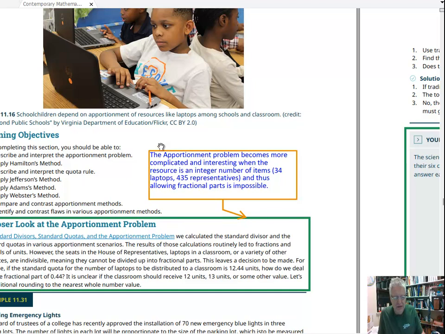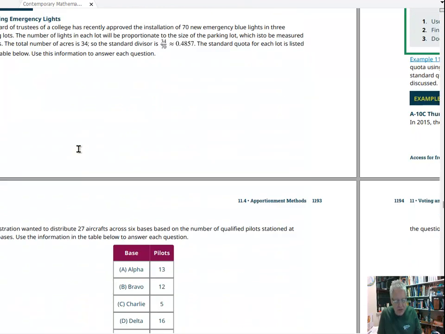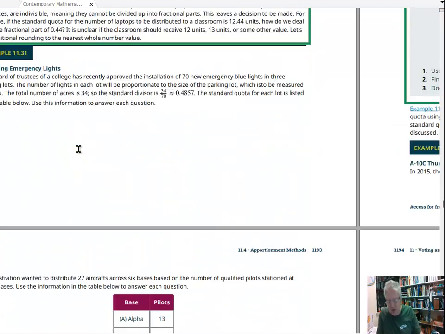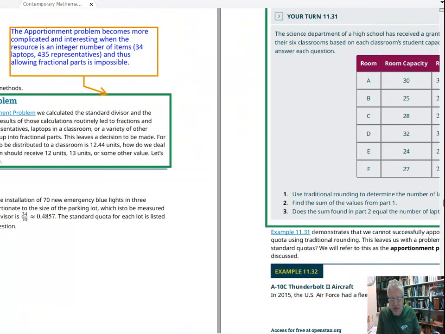Again, the apportionment problem becomes more complicated and interesting when the resource is an integer number, such as 34 laptops across a certain number of classrooms in a school, or 435 representatives in the House of Representatives, and thus allowing fractional parts is impossible. You cannot cut a laptop into 2 pieces. So going through here, they actually do the laptop problem. I believe it's on the other page here.